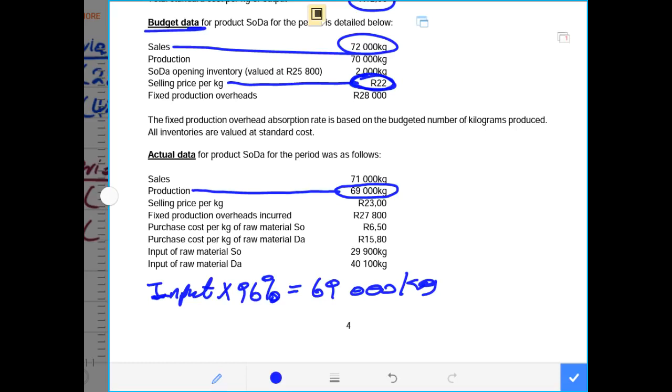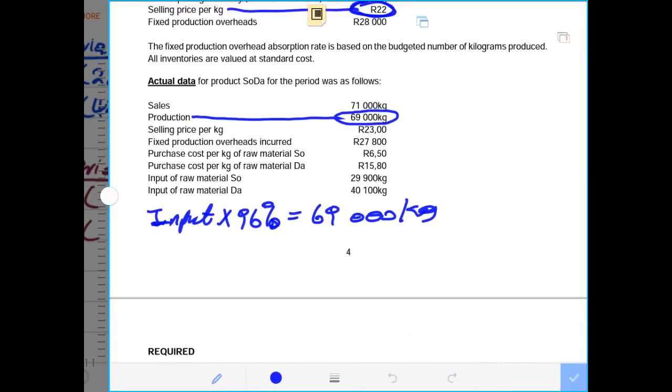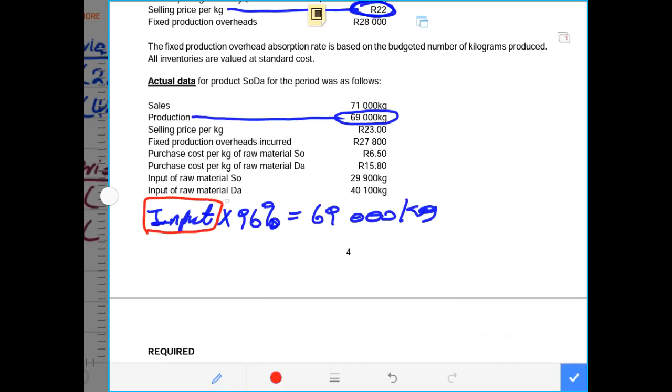Hence, I said this topic can also be integrated with process costing, where there will be a spoilage point and the normal loss and abnormal loss where necessary, depending on what the question is giving you. So now in this case, we are looking for the input that was introduced, and that input came out as 69,000.